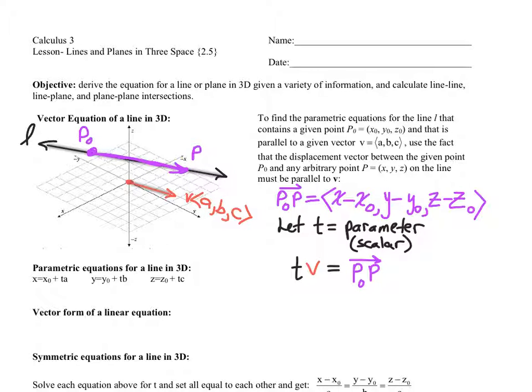Now I could actually carry out the process because v is ABC, so I could say TA, TB, TC is going to be equal to all this jazz up here, P sub OP.